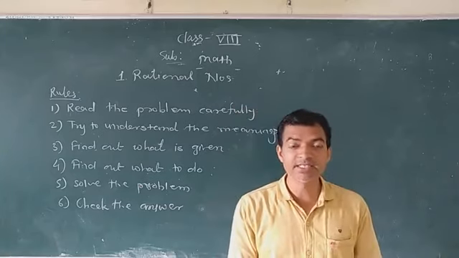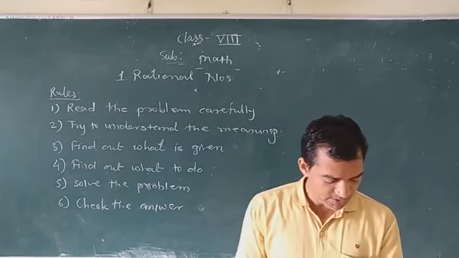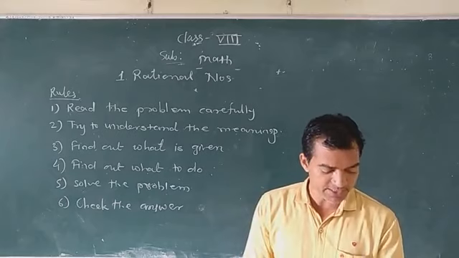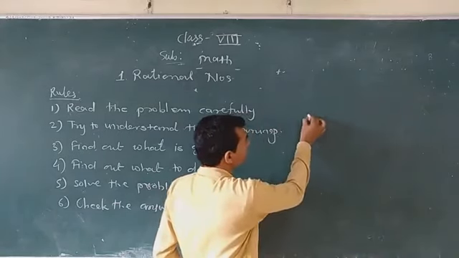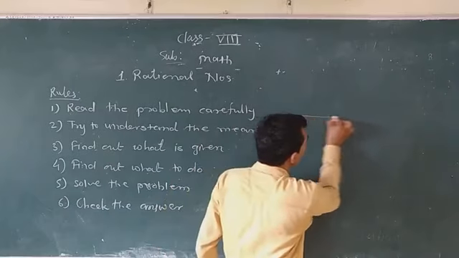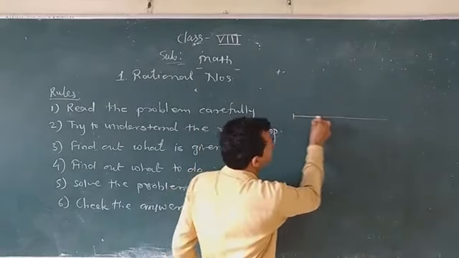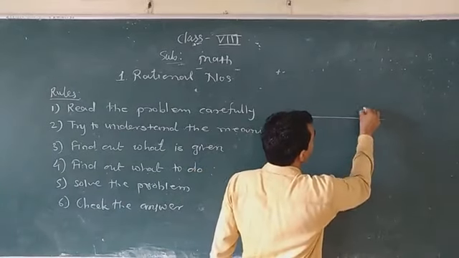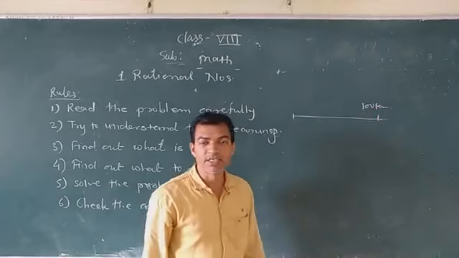A submarine is there. First, the submarine travels 100 kilometer from the shore. Shore means seashore. Suppose this is the seashore. The submarine travels up to 100 kilometer, suppose this is the 100 kilometer distance.